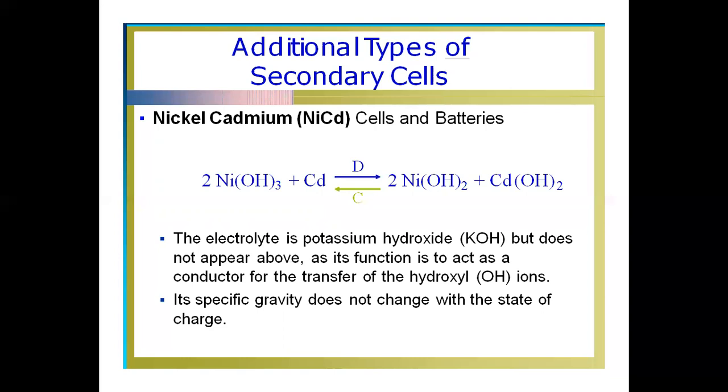The electrolyte is potassium hydroxide, KOH, but it does not appear above, as its function is to act as a conductor only for the transfer of hydroxyl ions. Its specific gravity does not change with the state of the charge. So remember, though KOH solution is used in this battery, it is only for conduction, to transfer the ions.